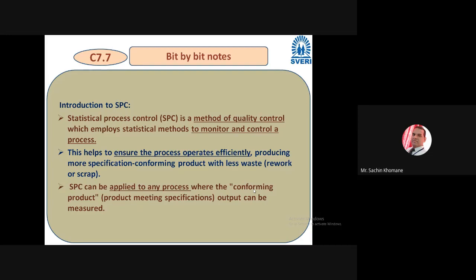Friends, SPC is a method of quality control which employs statistical methods to monitor and control the process. You will say it is a mathematical tool, a data based tool, and how can it help to reduce or maintain the quality? Friends, this statistical tool will also always help you to monitor the process.